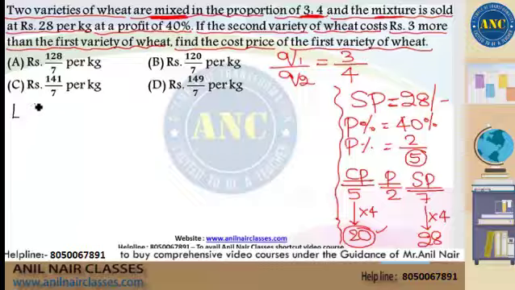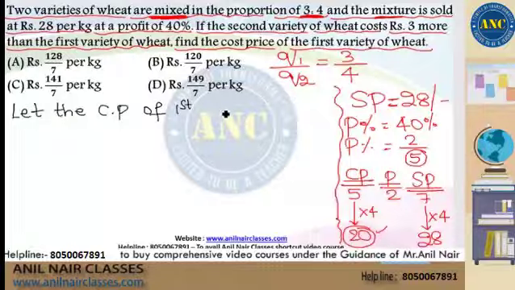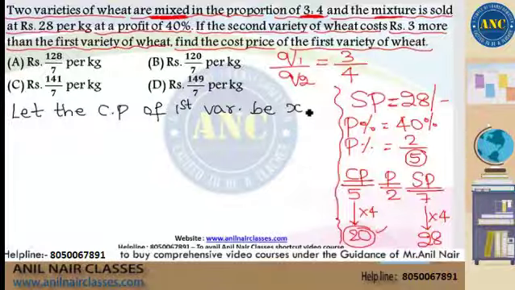Now, what I will do is let the cost price of first variety of wheat be x. Usually I will not take it as x and all, but this question I will take it as x. Why?